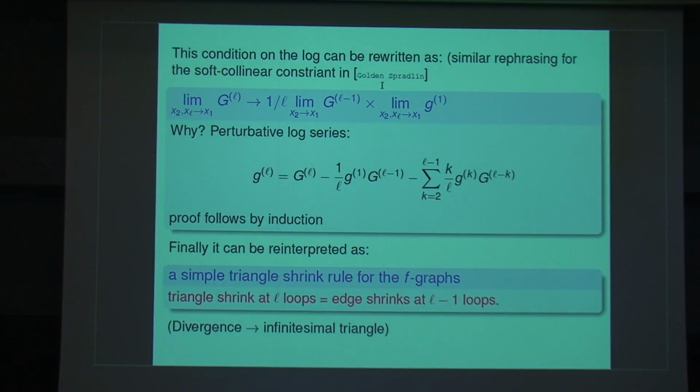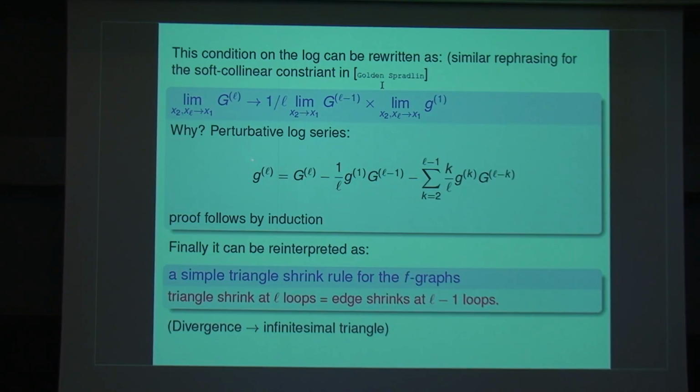Now you can reinterpret this, and indeed a similar reinterpretation was done for the collinear case by Golden and Spradlin. You can reinterpret it as saying that in this limit, the L loop correlator becomes the L-1 loop correlator times the divergence.